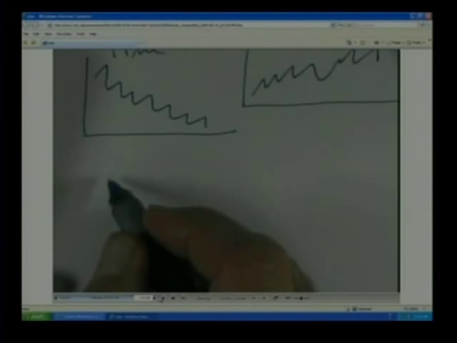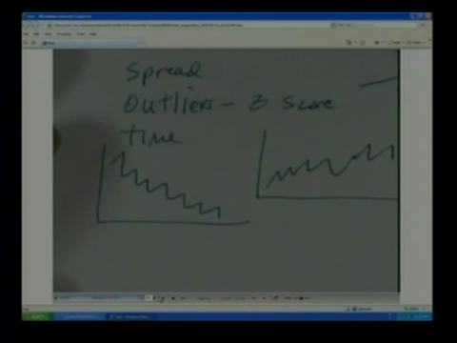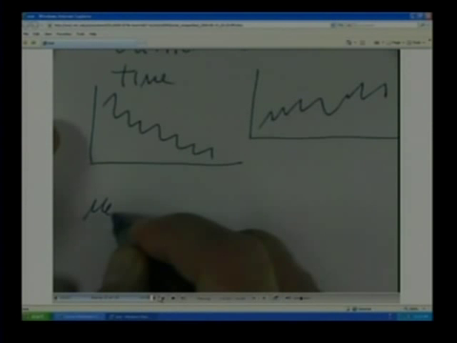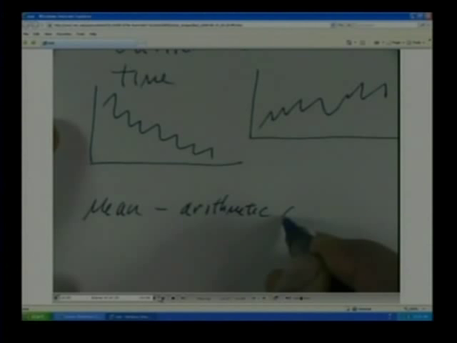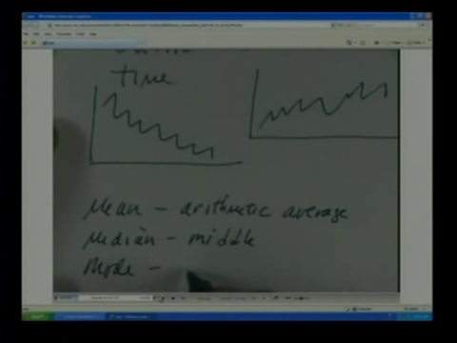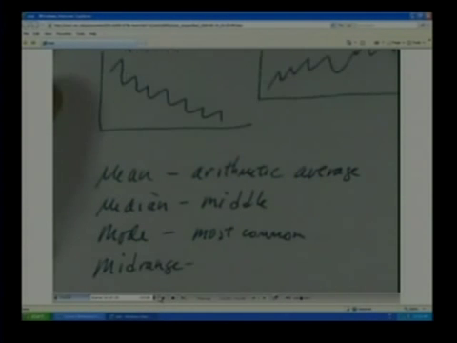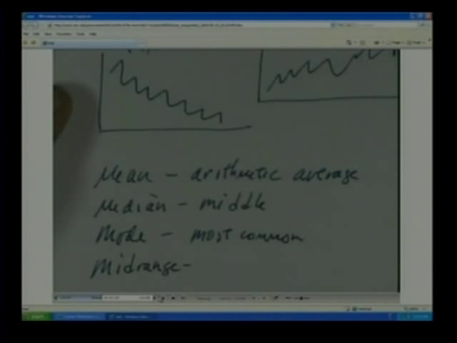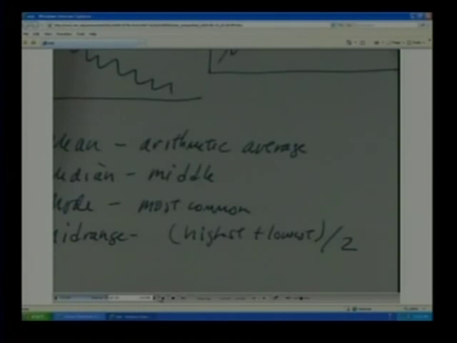When you go to chapter 3, we're going to find out that we're going to have some measures of the center, which we're going to call the central tendency, and those are going to be, as we said, the mean, which is the arithmetic average, the median, which is the middle value, the mode, which is the most common, and then the mid-range, which is the average of the highest and the lowest. So the highest plus the lowest divided by 2.